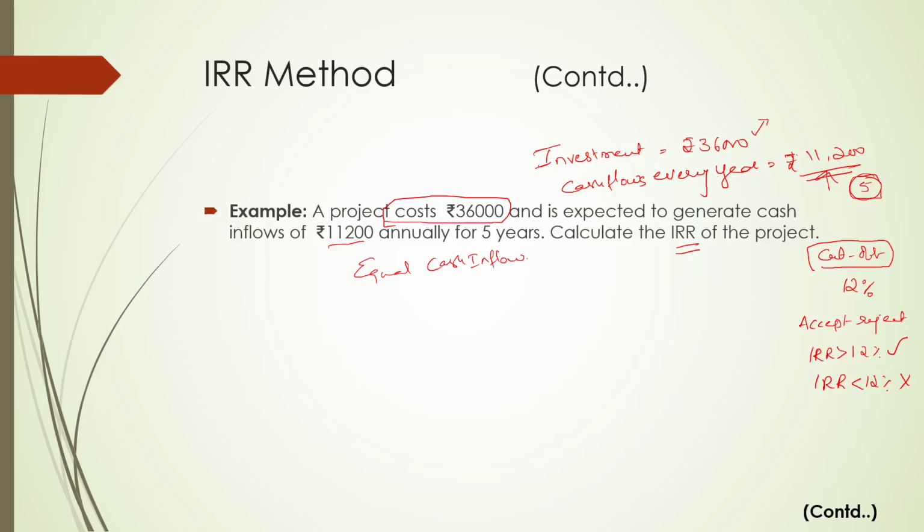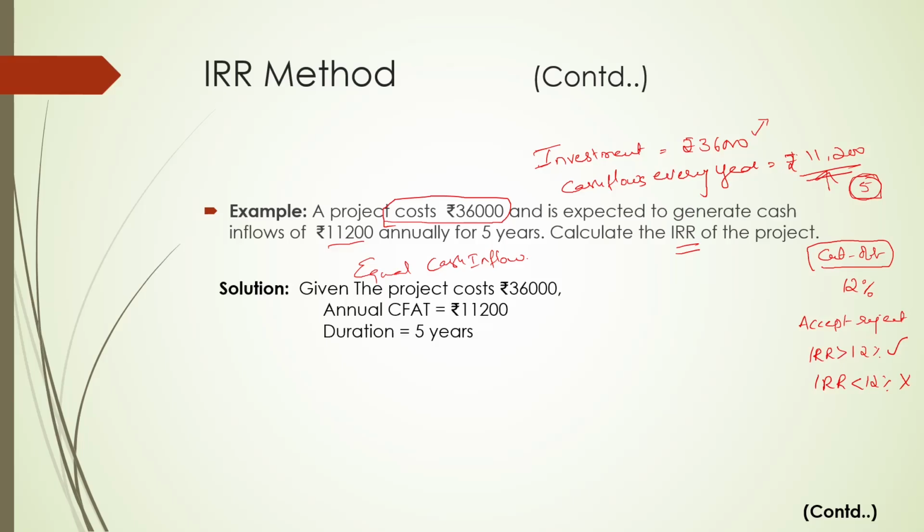Now let us see how we can apply this formula. As you remember, we need to calculate the payback period, right? So given the project cost is 36,000, annual cash inflow is 11,200, duration is 5 years. Yes. Now what you need to do? We have to calculate the payback period. What is the payback period here? Do you remember the second video we discussed?